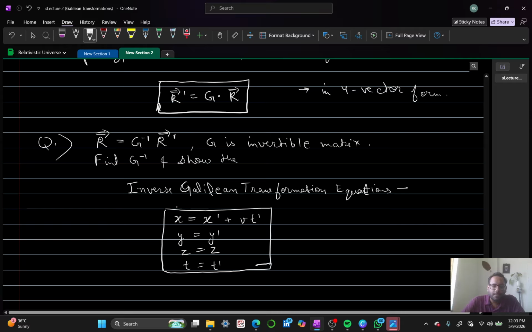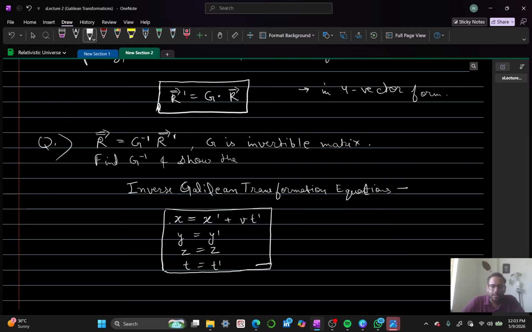Earlier we had the primed coordinates on the left and all the unprimed coordinates on the right-hand side. But now the left-hand side has only unprimed coordinates, and the right-hand side only primed coordinates. So these are my inverse Galilean transformations.